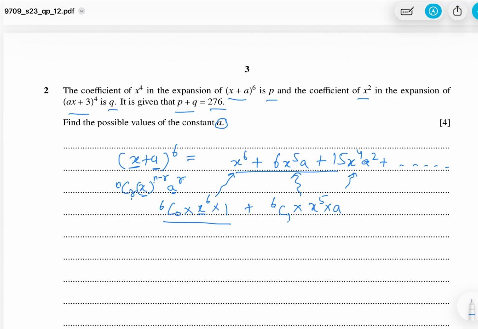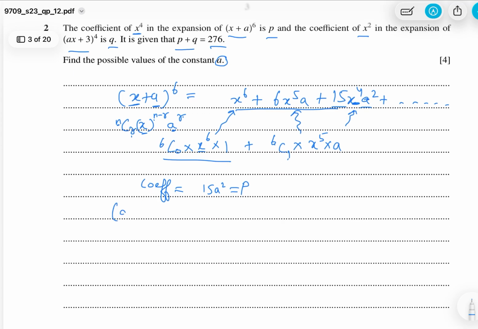Now listen very carefully. It has been given to us that the coefficient of x to the power 4 is 15a square, that is p. In the same way we will expand (ax plus 3) to the power 4, we will get a^4 x^4 plus 4 a^3 x^3 times 3 plus 6 a^2 x^2 into 3 square and so on.